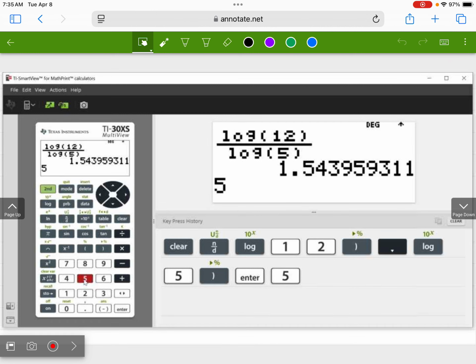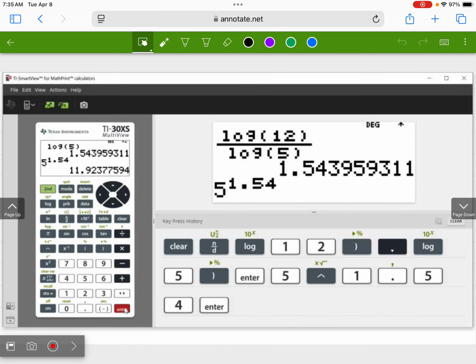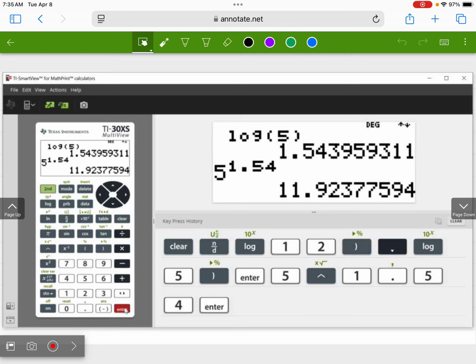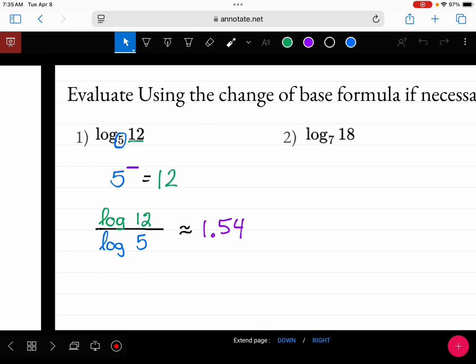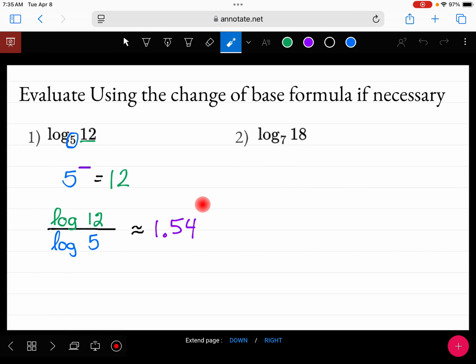If we did 5 to the power of 1.54, it gets us pretty close to 12. If I could type in the whole decimal, it would put it right at 12. So it's finding the power of decimal grossness that gets it to the value that we want. A lot of times these are going to give us estimates. It's going to get us close.